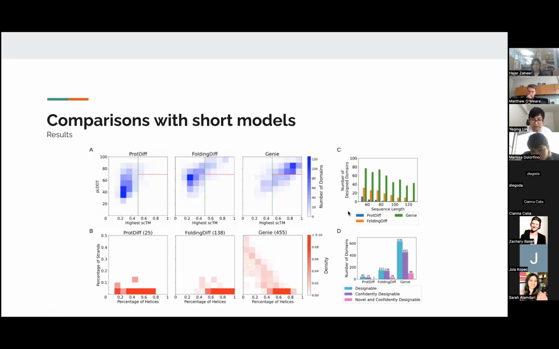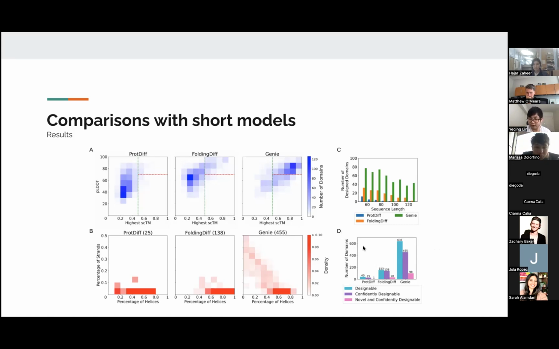And if we take a look at graph C, that's pretty much showing the same thing. Then graph B is showing the secondary structure diversity distribution. You can see that Genie is much more diverse in terms of secondary structure diversity compared to FoldingDiff.